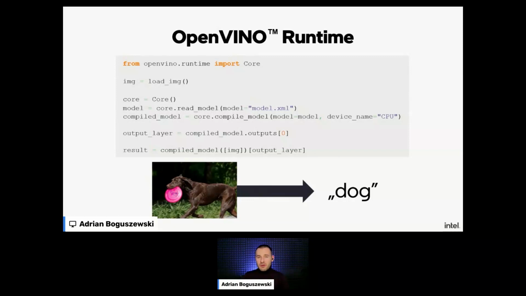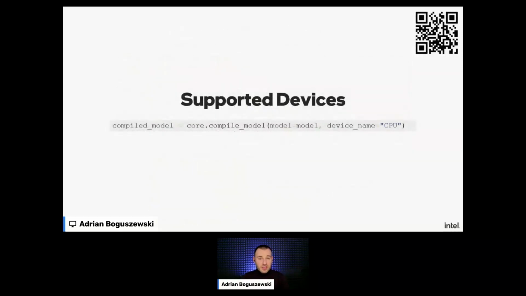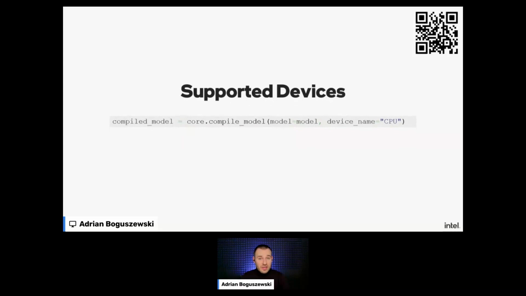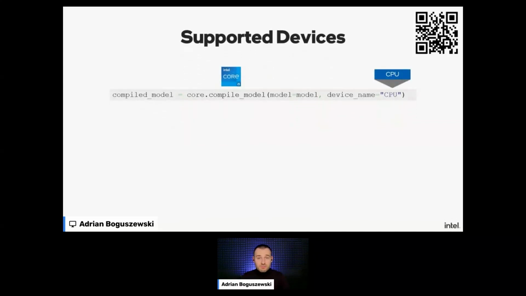Okay, but maybe now you are wondering, what device can I put in compile model function? Well, we support many different Intel's hardware like CPU, once again, Core, Atom, Xeon, whatever you want to run on. GPU, and once again, this means GPU already integrated into your CPU, like Intel HD graphics, Intel UHD graphics, you have already there.